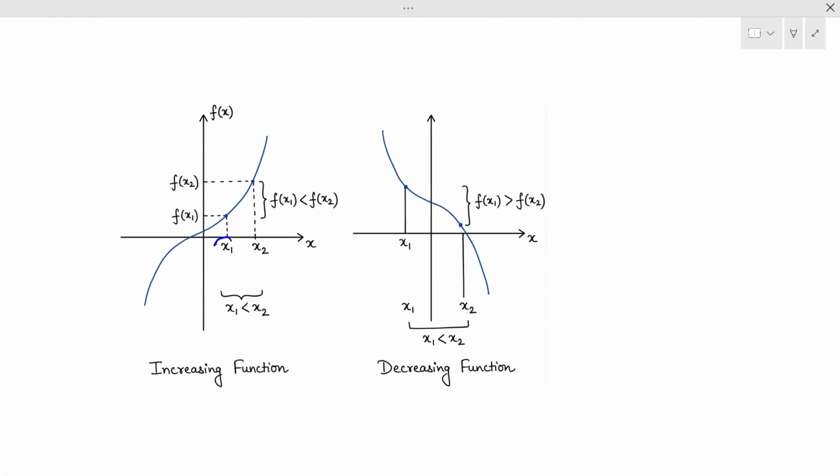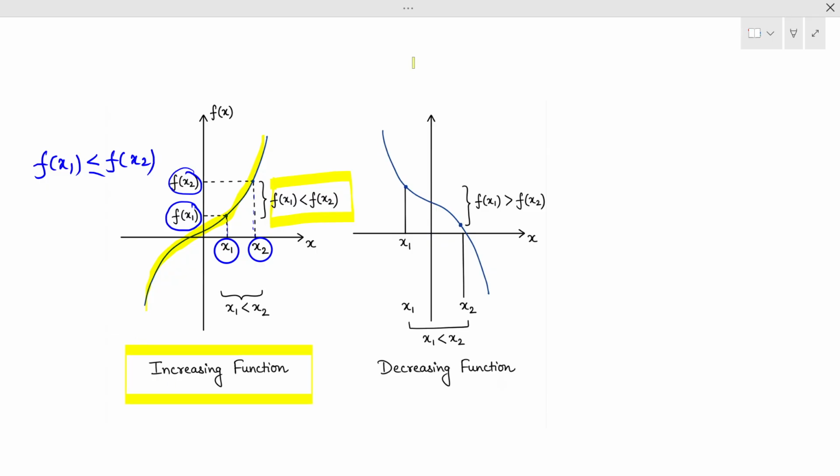You can see that I have taken x1 and x2 from here. Clearly x1 is less than x2. Corresponding to x1 this is f(x1) and corresponding to x2 we have f(x2). Now can we compare them? Yes. We can see that f(x1) is less than or equal to f(x2), right? So such type of functions, where for all x1 less than x2, f(x1) is less than or equal to f(x2), are called increasing functions, right?